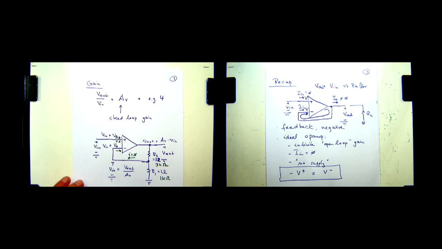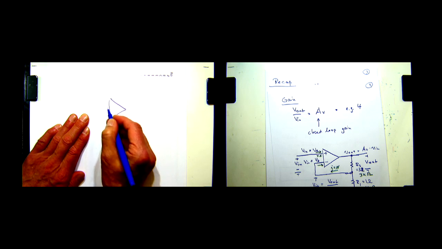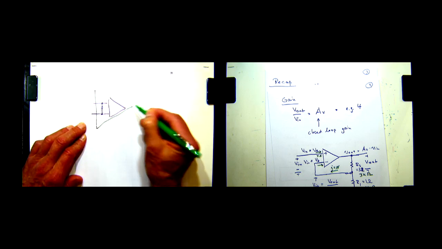Now, obviously, you could have another circuit, like this one, a not so good op-amp. Okay, so in the triangle is an ideal op-amp, but then outside the triangle we have sort of a bad op-amp. And now, in this bad op-amp, there very, very well could be current flowing here.